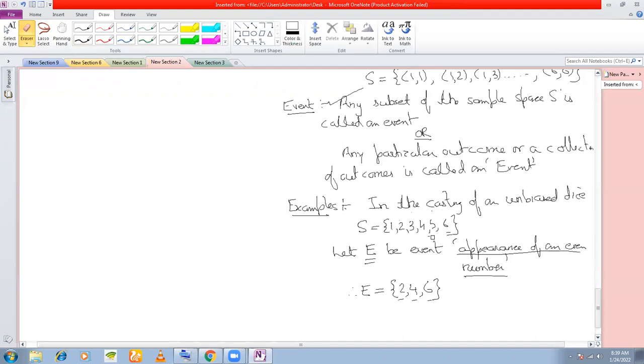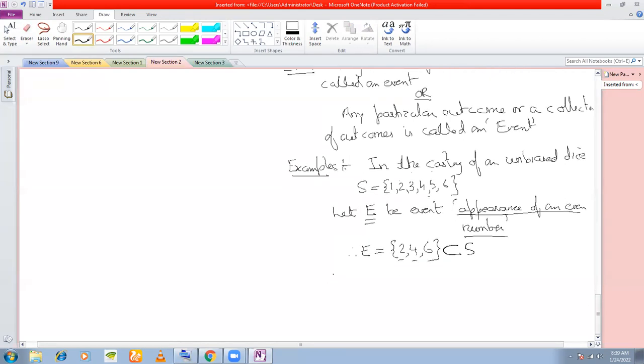I'll give you more examples. Also, what you must see is that this is nothing but a subset of the sample space. Let us say on the same set, I define the event E1.